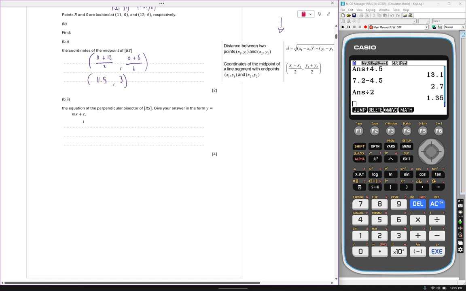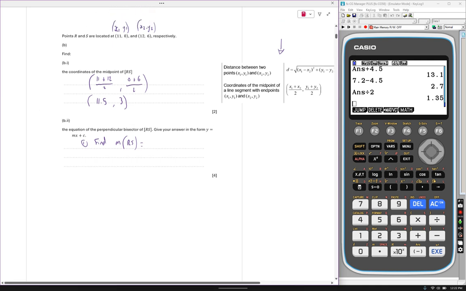So step 1 is find the gradient between R and S. The gradient is going to be rise over run. So the difference between the y values is 6 minus 0, divided by 12 minus 11. So 6 minus 0 is 6, 12 minus 11 is 1, 6 over 1 is just 6.